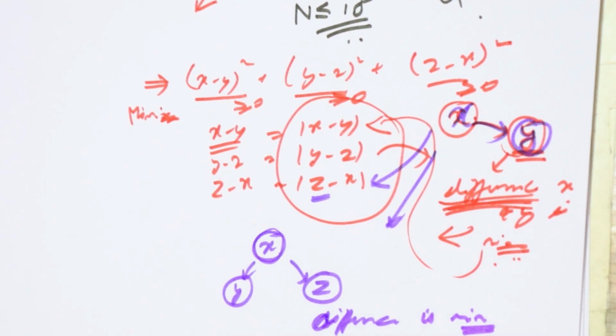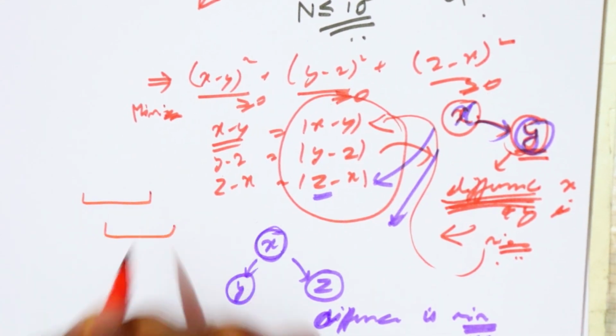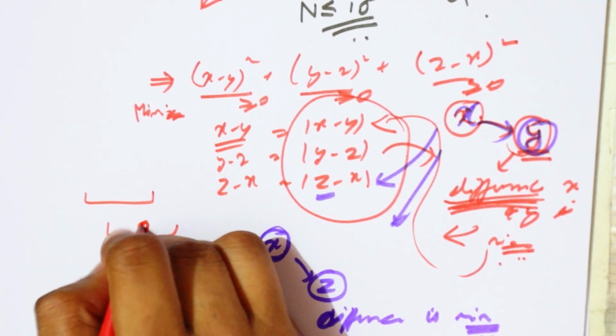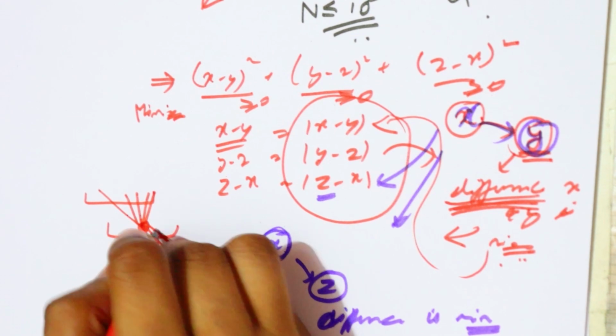Now you will ask, Aryan, what about y and z? Aren't those minimum? See, if you have array 1, array 2 and array 3, I will check every element of this with every element of this and this.